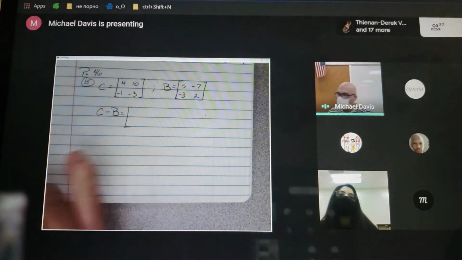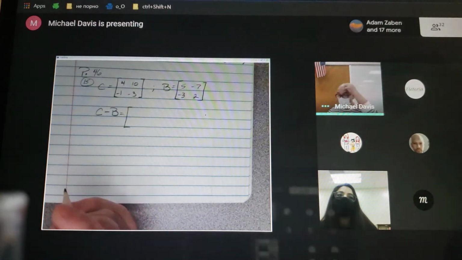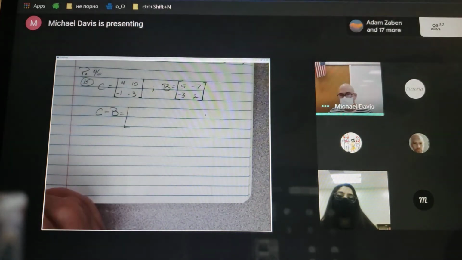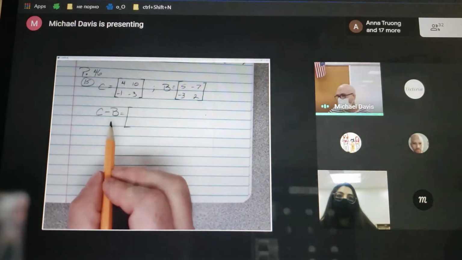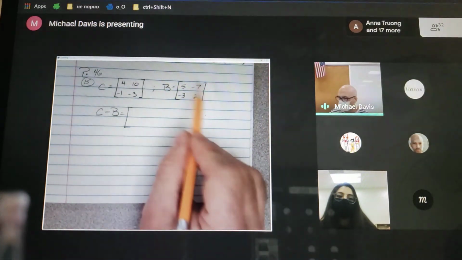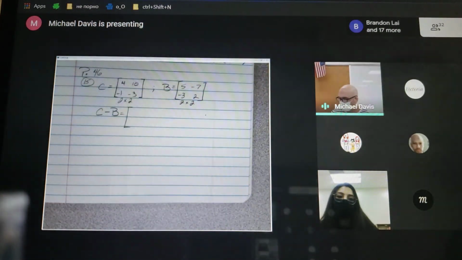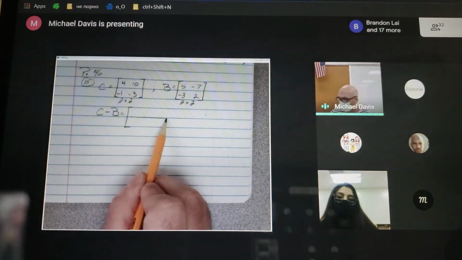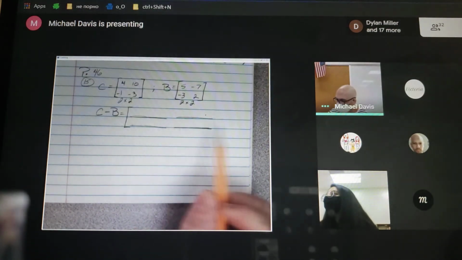Additive inverse, multiplicative inverses, one of the reasons I use that terminology is to always highlight that subtraction really is adding a negative. It's not a separate operation. Division is multiplying by a reciprocal. It's the same operation. So even though we're thinking subtraction here, we are still combining two matrices. The dimensions must be identically the same, which they are. That also means my result, my difference, will have the same dimensions.